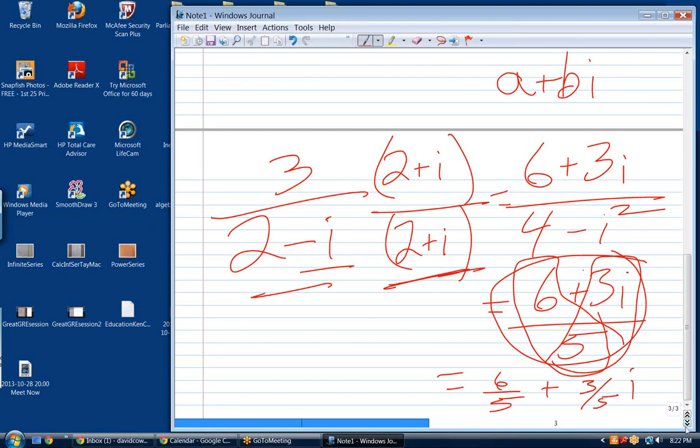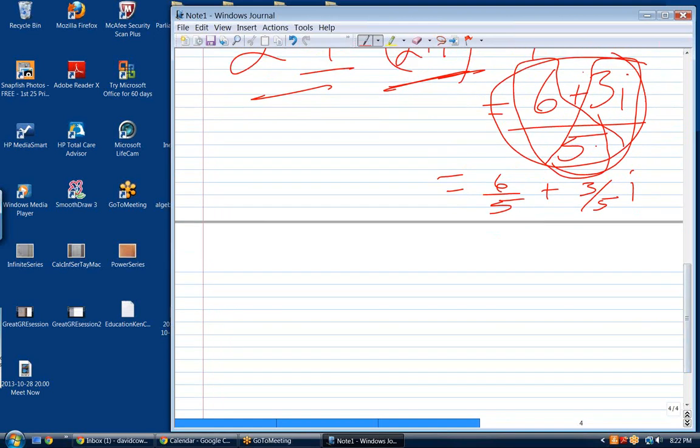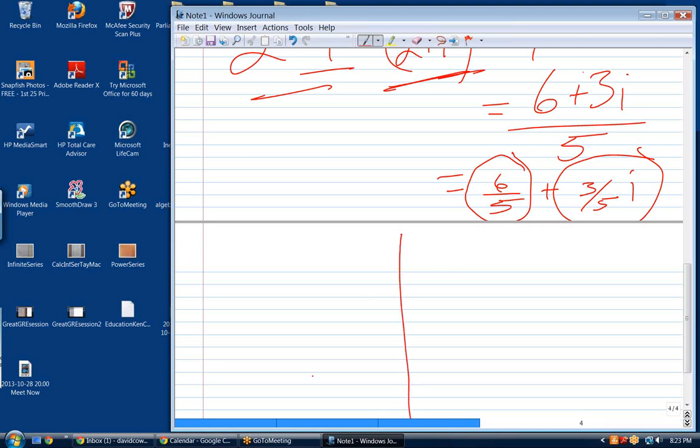Notice that this bottom answer is a plus bi format. This was not. This was a complex number divided by an integer. In a plus bi format, this is the real part, this is the imaginary part. If I was plotting this, have you graphed?